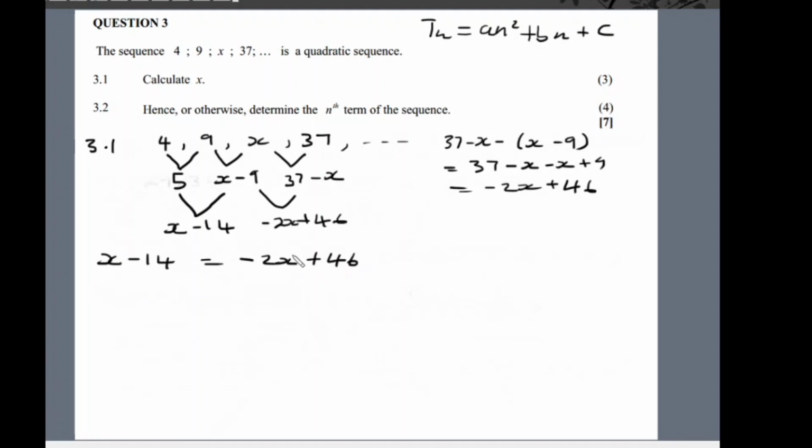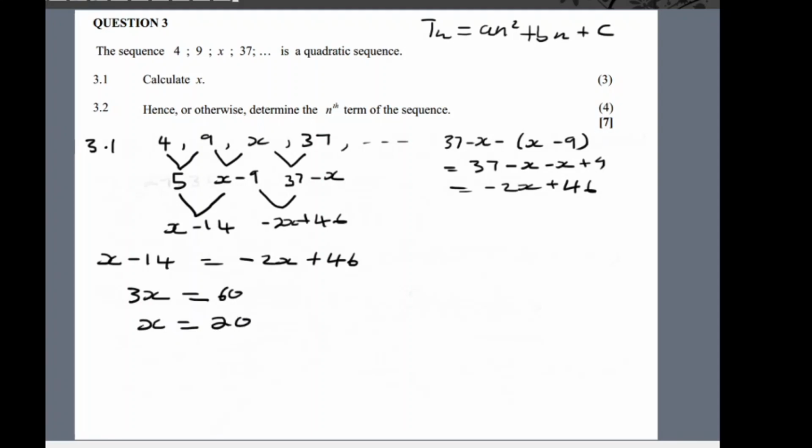Now solving for x, taking minus 2x to this side, you'll have 3x. Taking minus 14 to that side, you'll have 60. And then when you divide by 3, you'll get x equals 20.